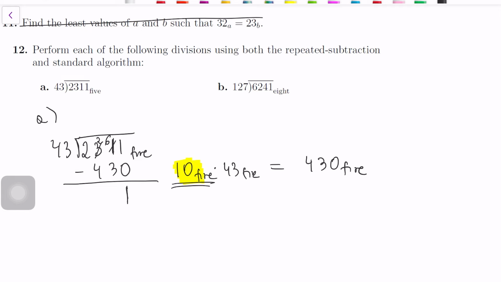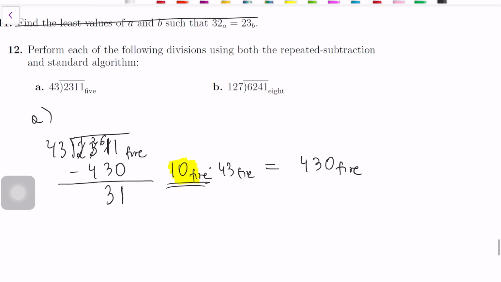So now I have 6 longs. 6 minus 3 is 3. But now I have only 2 flats, not enough to subtract 4. So I borrow from blocks. Now I have one block, but one block will create 5 flats. With the 2 I had, now I'm going to have 7 flats. So 7 minus 4 will give me 3. And then I'm left with the one block I had.